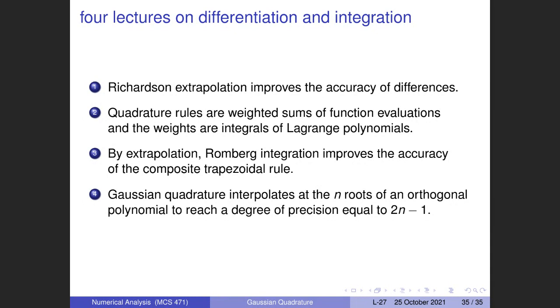And then for today, we saw that with Gaussian quadrature rules, we can get very accurate results using orthogonality and getting a very high degree of precision. So we will see applications of the main principles, the main ideas that we have covered in this lecture and in this chapter.